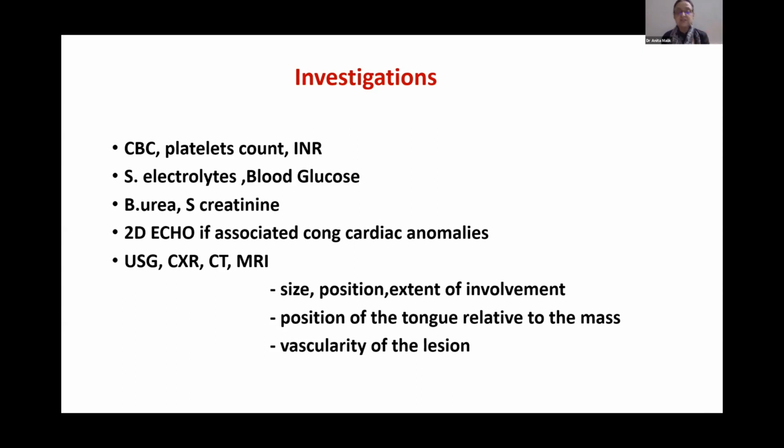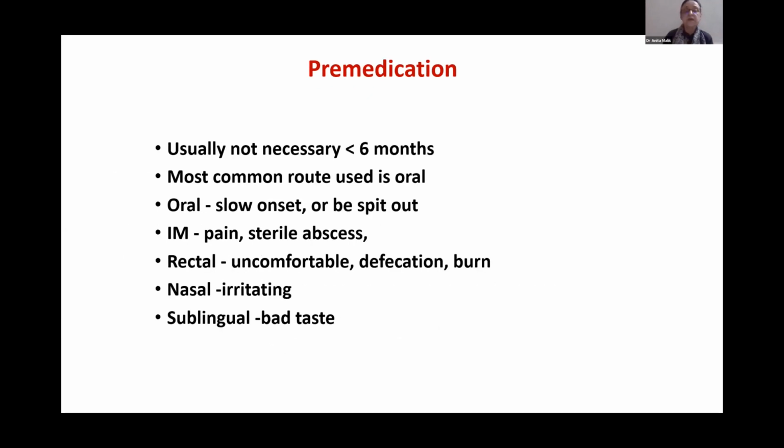So all these radiological investigations tell us the size, position, extent of involvement, position of the tongue, and the supraglottic and infraglottic structures relative to the mass, and the vascularity of the lesion.